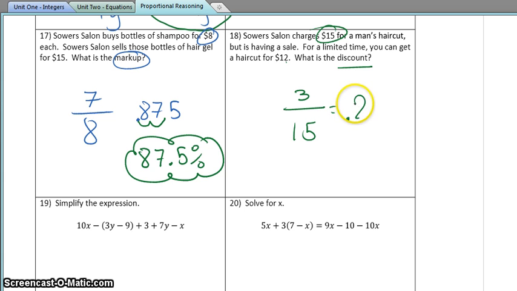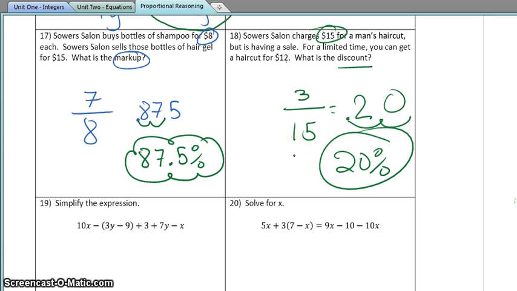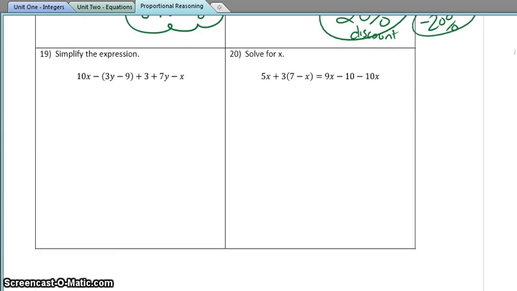What is 0.2? Move once, move twice. Oh, we don't have anything here. Put a 0 in. It's not just 2%, it's a 20% discount. So we can write the word discount, or we can write negative 20%. I don't really care.